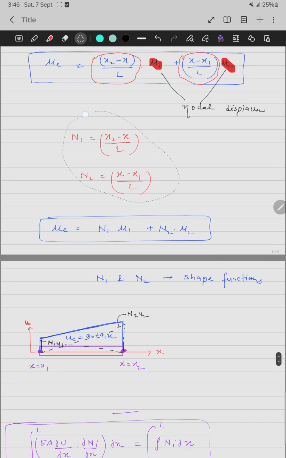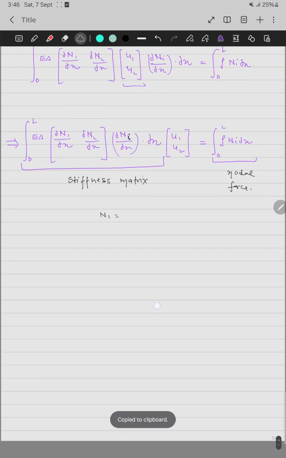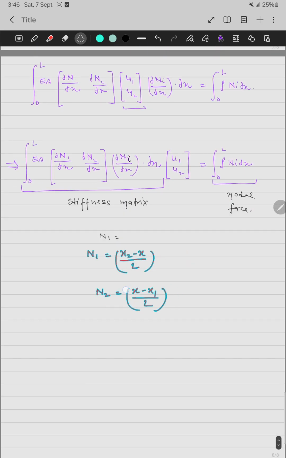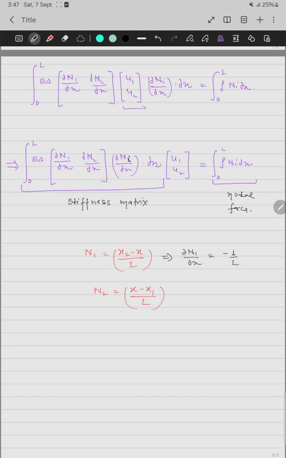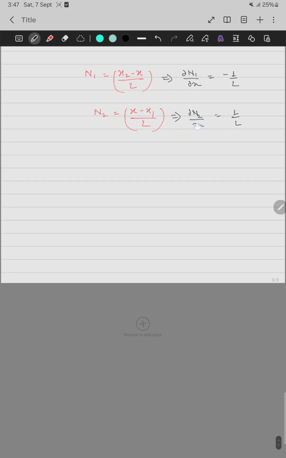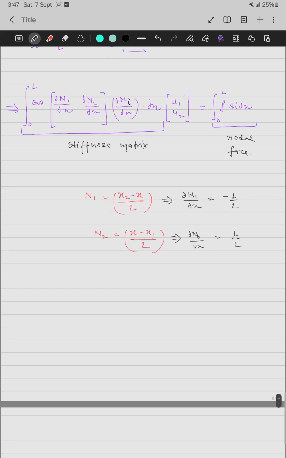I will copy both from here and put it here only. So from here we will get del N1 by del x, it will be minus 1 by L, and del N2 by del x, and this will be 1 by L. Now for the first equation we will put i equals to 1 and we will get one equation.